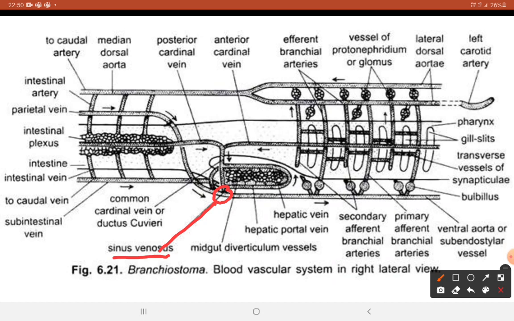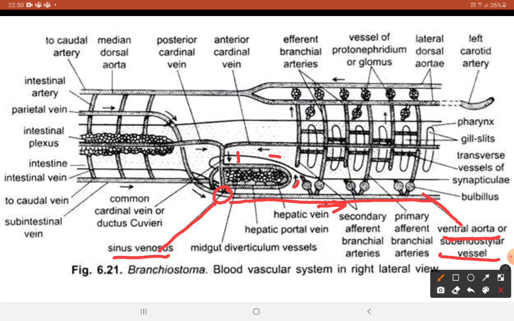You can follow these arrows which show the input of blood to the sinus venosus. This sinus venosus leads to the ventral aorta or the subendostylar vessel, which is this. So from where is this ventral aorta coming? It is originating from the sinus venosus, wherein the blood flows anteriorly or forward. This is what we have discussed so far.